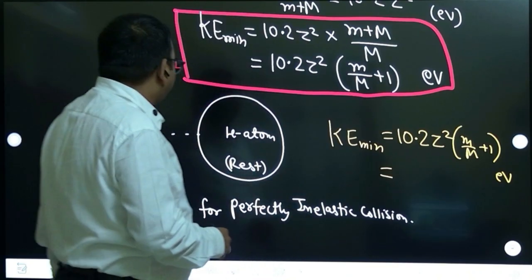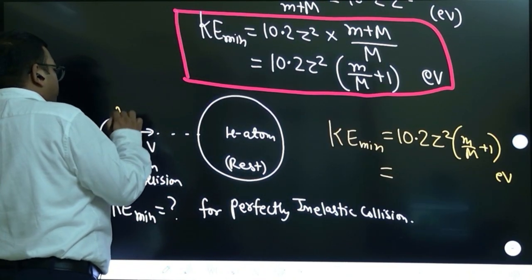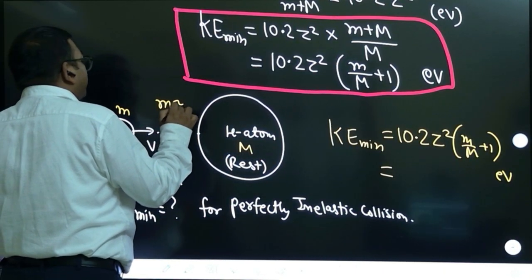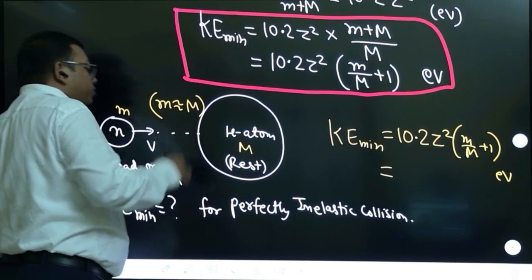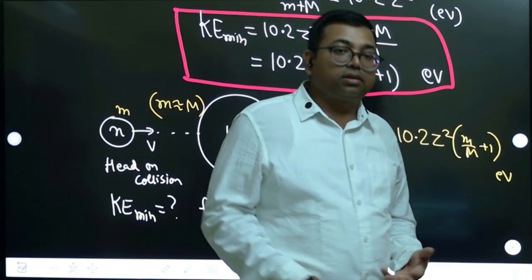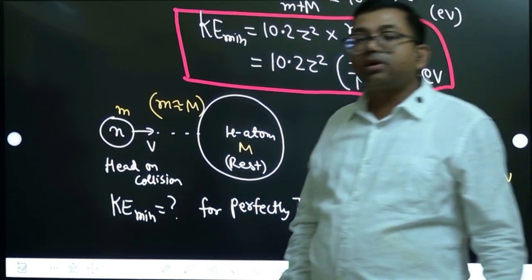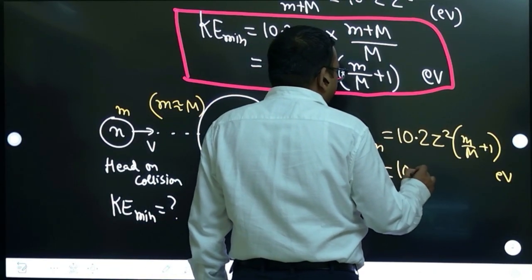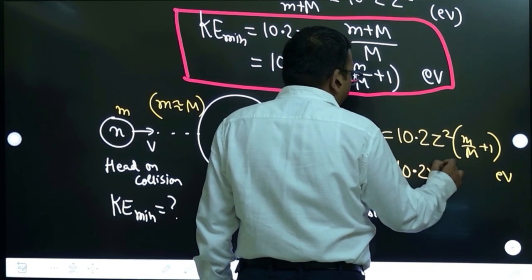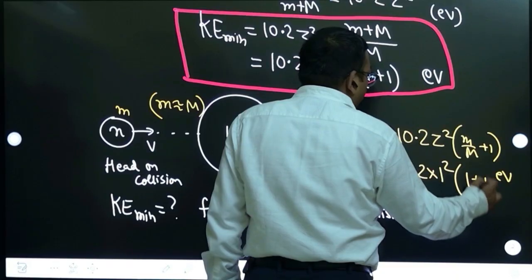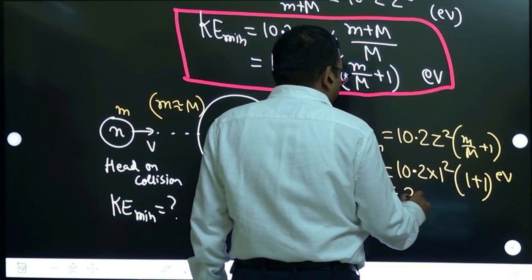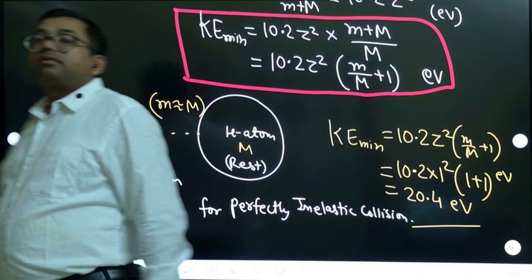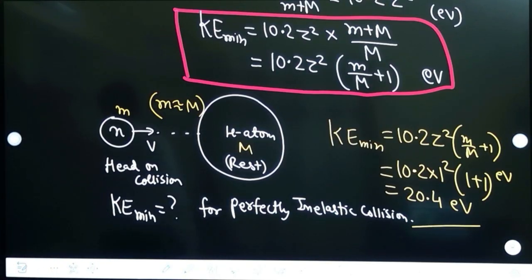Note that the mass of the neutron and the mass of the hydrogen particle are almost equal. All of us know that neutron and proton have almost the same mass. Z is 1 because it is a hydrogen atom. So 10.2 times 1 square times 1 plus 1 gives 20.4 electron volt. One step answer.